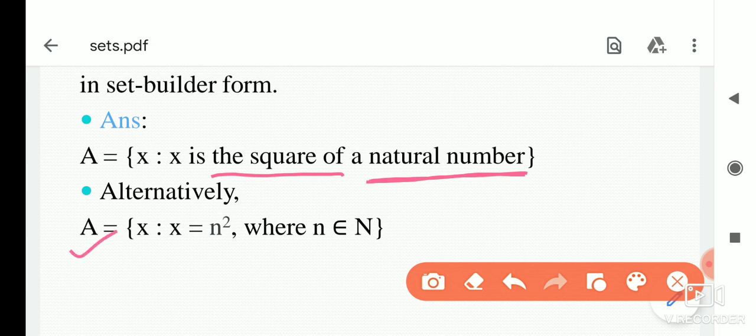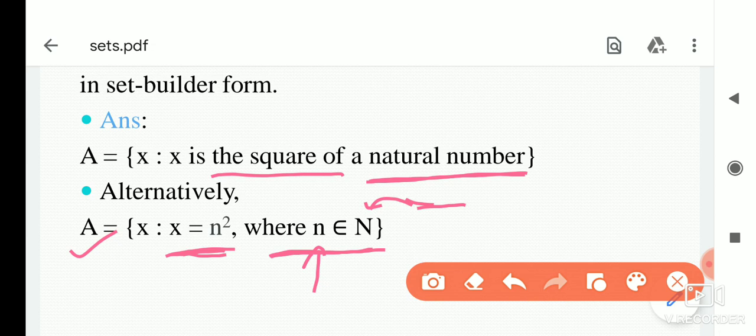A is nothing but the set of all x such that x equal to n square, where n belongs to capital N. So here again 2 properties are defined in 2 different forms: set of all x such that x is n square, n is a certain natural number, where n belongs to N. Capital N is denoted for the set of all the natural numbers, and small n is used for a certain specific natural number.